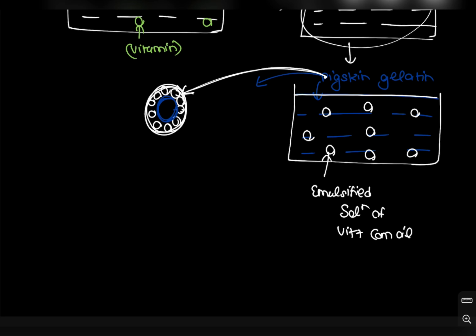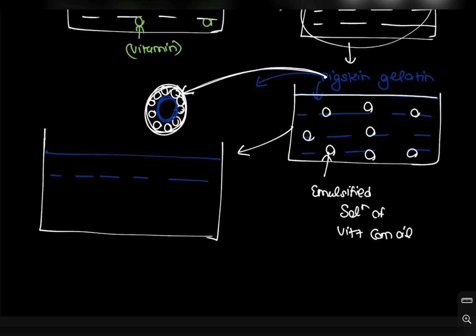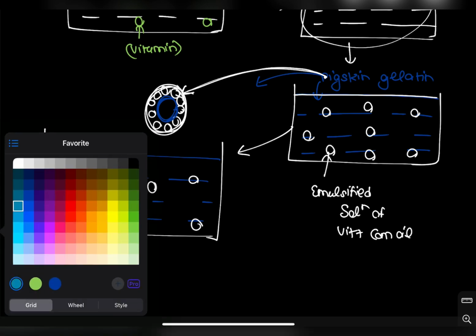So what we do is we will go ahead and mix two phases. We have this particular phase again, the pig skin one, in which there is emulsified vitamin plus corn oil. Along with that though, we will also have water.